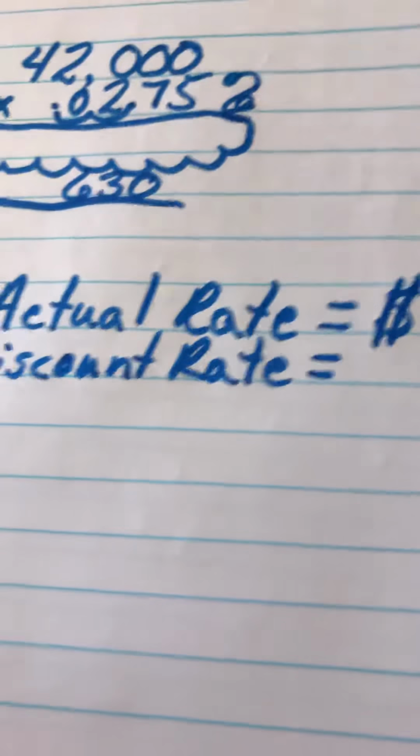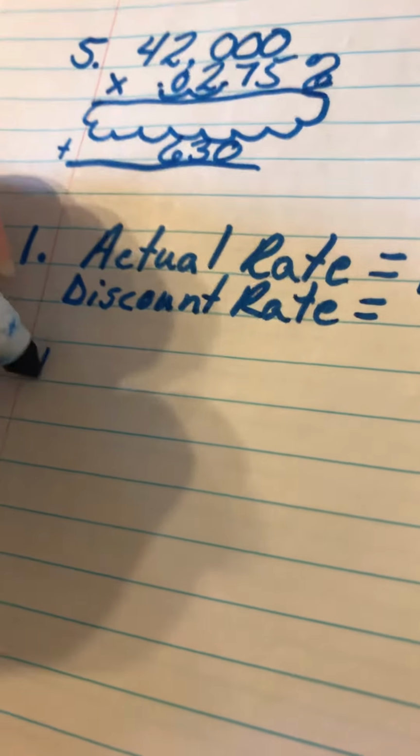To find his discount rate, I'm going to call it the DR, what we need to do is multiply his actual rate, so multiply $5 by how much he is putting on his discount.